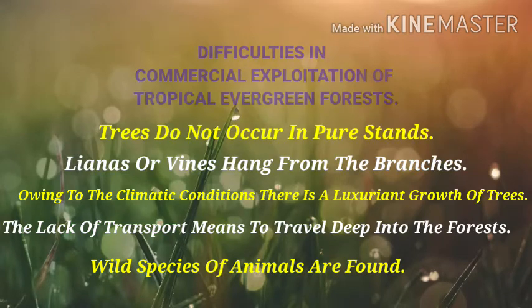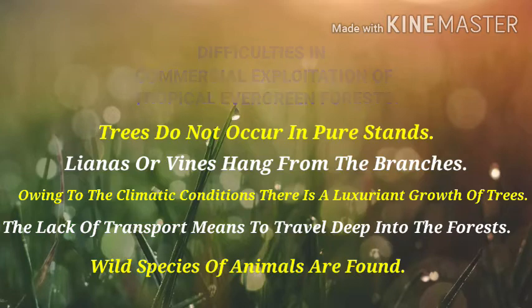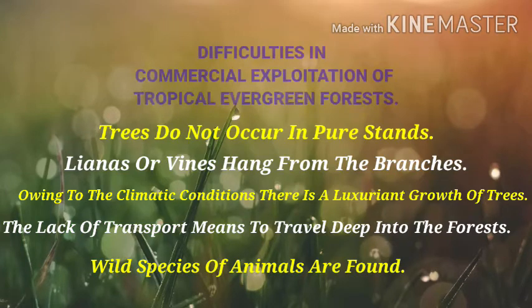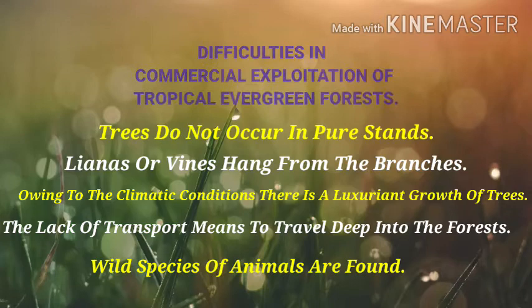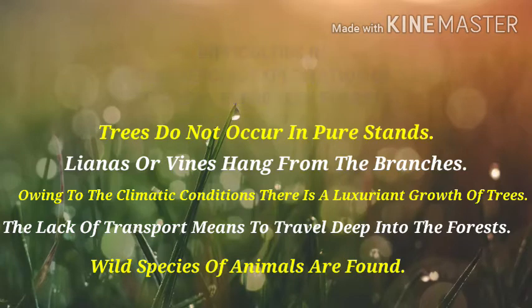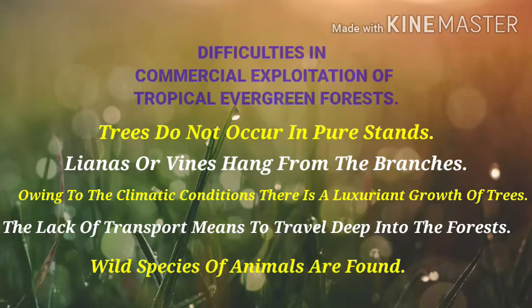Therefore, many remote parts of the Amazon basin and Congo are without modern communications, with rivers as the only natural highways. That is why various factors, including the lack of transport means to travel deep into these forests, have made their trees difficult to be used commercially.